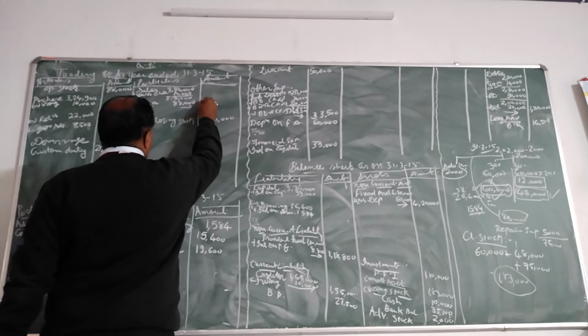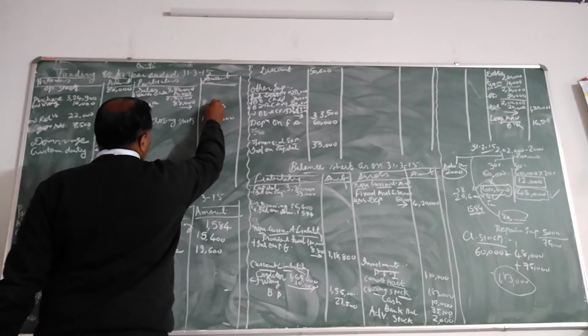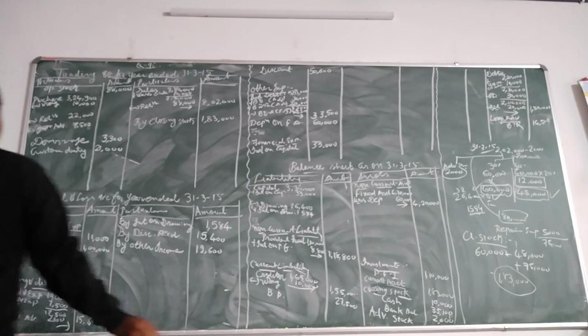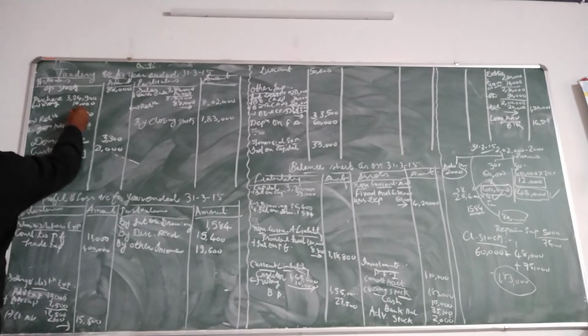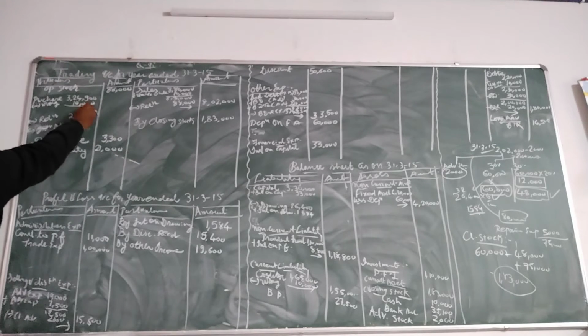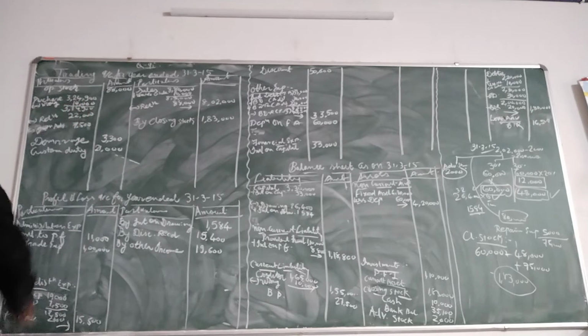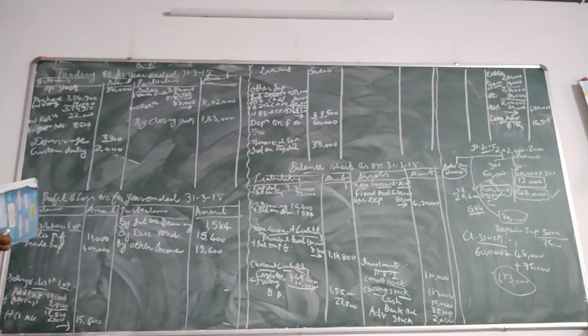So 8,90,000 minus 88,000 is 8,02,000 in the outer column. Here 3,24,900 minus 10,900 is 3,14,900.